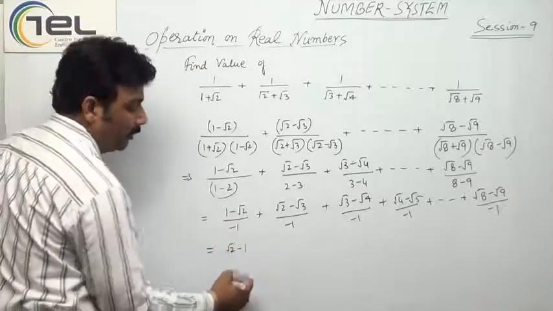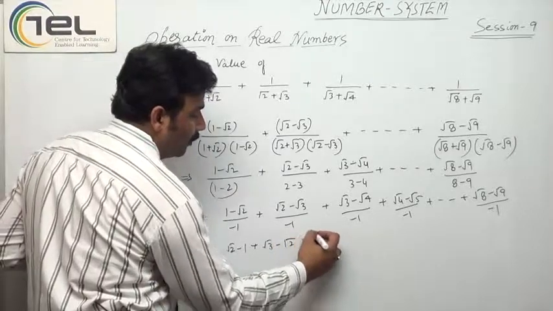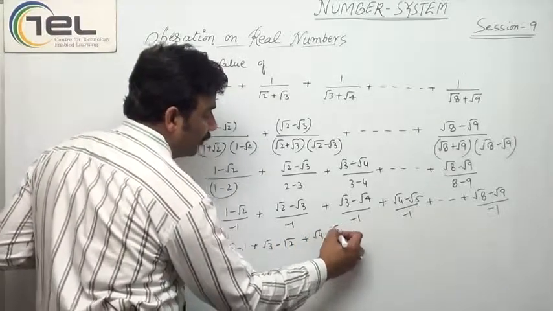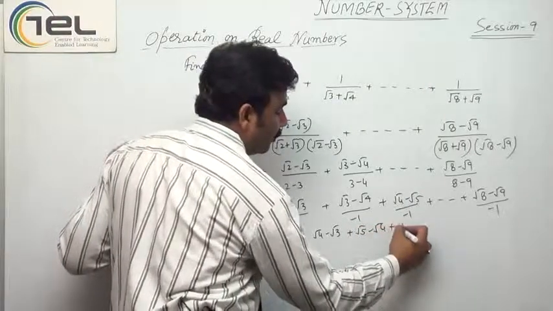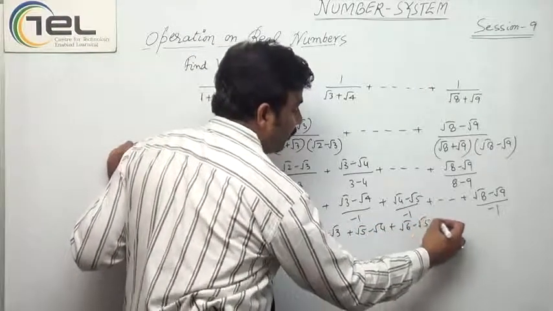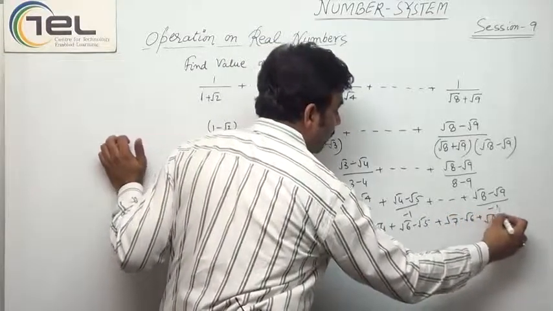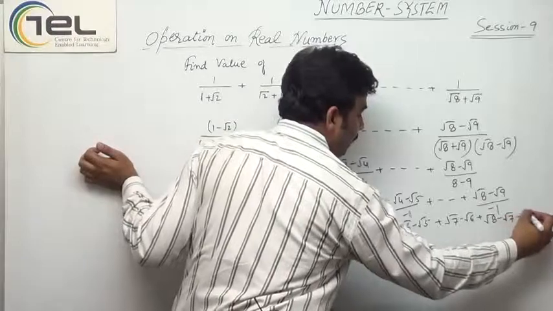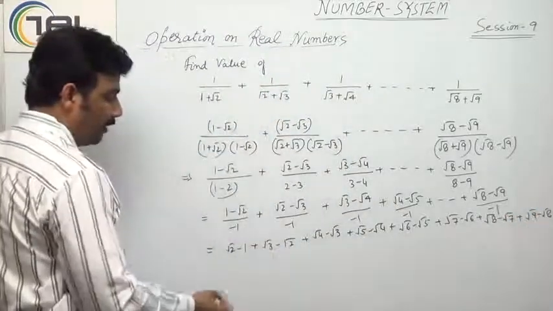It is root 2 minus 1 plus root 3 minus root 2 plus root 4 minus root 3 plus root 5 minus root 4 plus root 6 minus root 5 plus root 7 minus root 6 plus root 8 minus root 7, and lastly we have root 9 minus root 8. You check it.